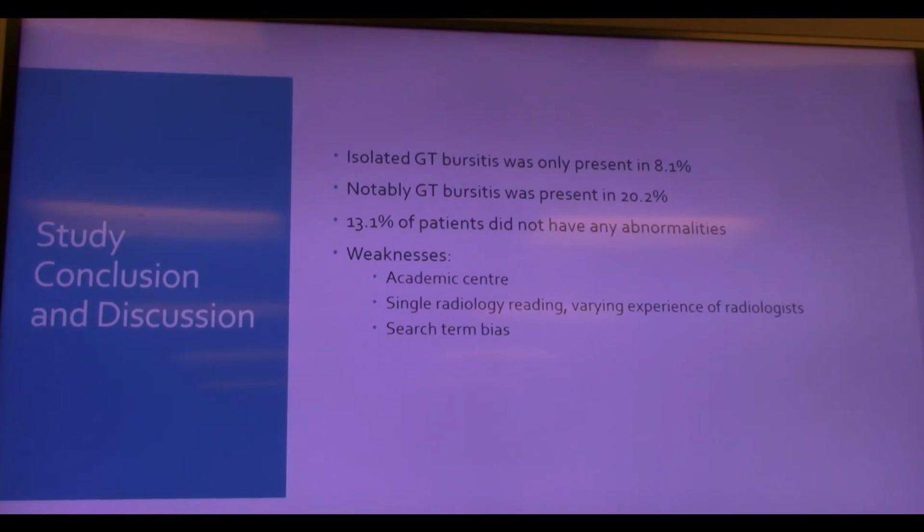So I don't know if that's maybe the reason why the isolated bursitis was so significant, because that might be a variant of normal, or just differences in how radiologists actually measure their findings. I'm not 100% sure. But the GT bursitis compared to the actual gluteal tendinopathy, which we'll get into in the next study, is a little bit more inconsistently described.